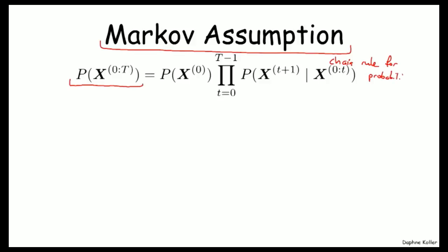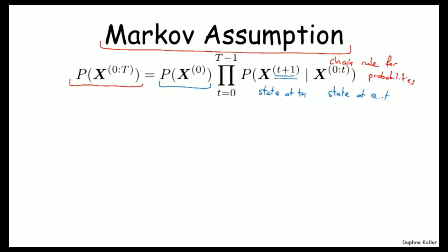And the chain rule for probabilities in this context basically says that that probability is equal to the probability of X at time 0, times the probability of each consecutive time point, the state at t plus 1, given the state at all previous time points, 0 up to t.